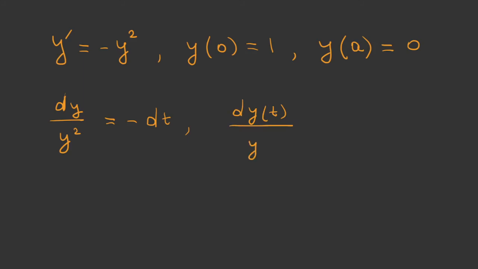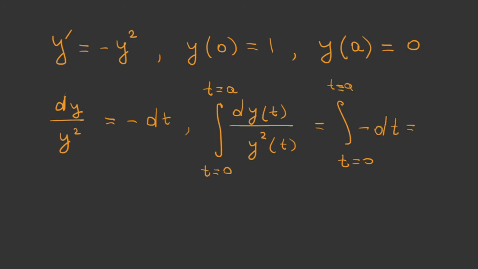And if you do, then you can integrate the left-hand side over t from t equals 0 to t equals a. On the right-hand side, we'll have the exact same integration from t equals 0 to t equals a of negative dt. And just like earlier, the integral on the right-hand side is negative a.